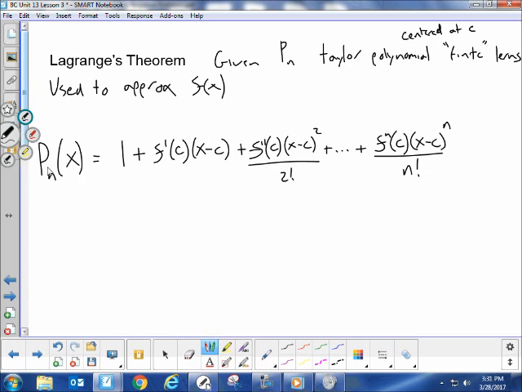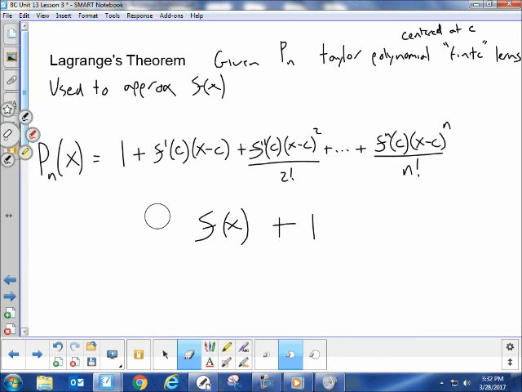Well, we know a Taylor polynomial with finite terms will never equal a function. It'll be a good approximation, but we need that infinite amount of terms to converge to a specific value. Okay? So Taylor says, well, this P of n will equal f at whatever x value as long as you add a remainder.